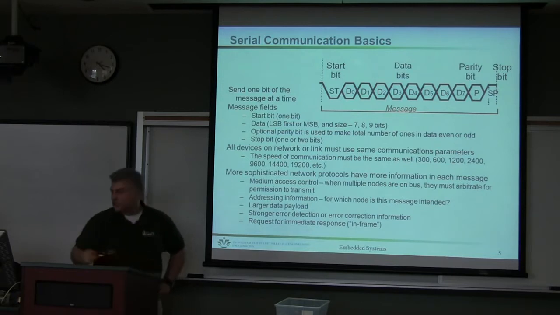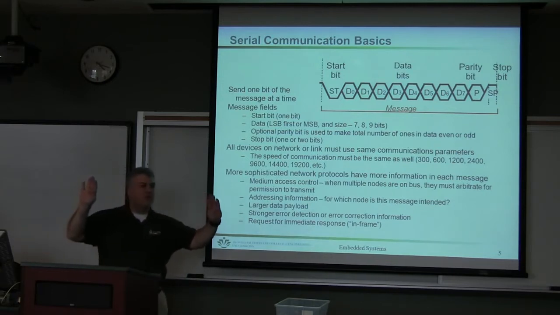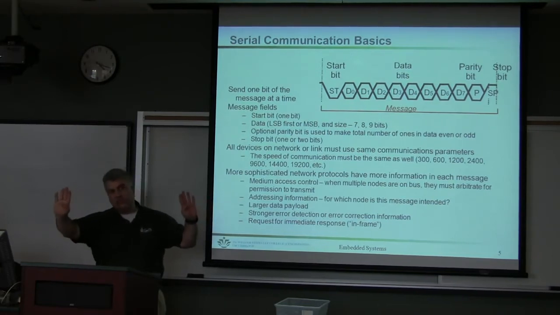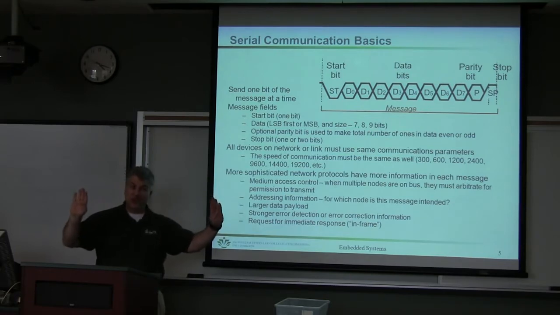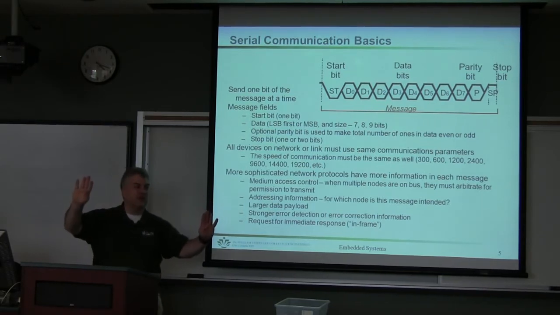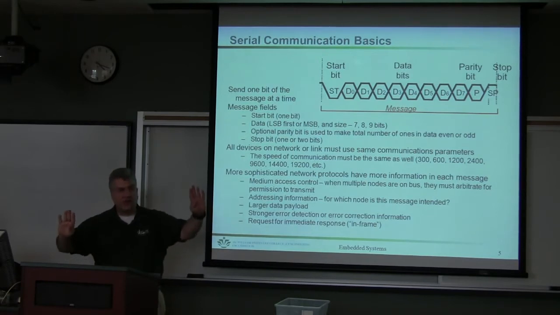Imagine two different computers running with two different clocks. This one says it's running at 4 megahertz. This one says it's running at 4 megahertz. Are they really running at 4 megahertz exactly? No, they're typically off by some. One is plus 1%, the other is minus 1%, right?